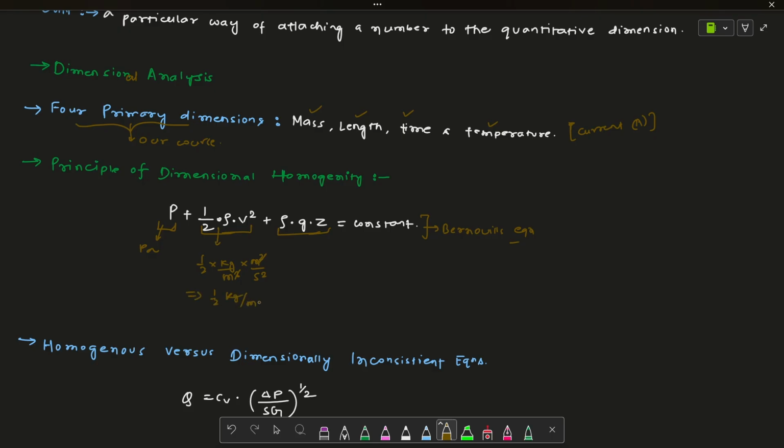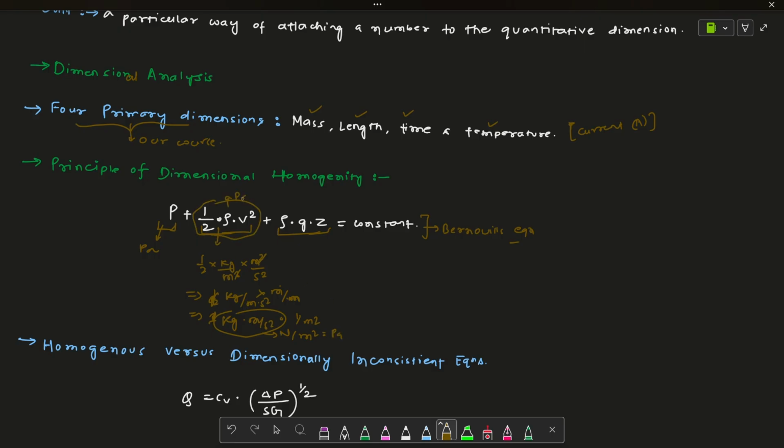Now we know that if we multiply mass above and length above, we get meter per second square divided by 1 by meter square. What is this? This is Newton, and Newton divided by meter square is Pascal. So the overall unit of this term is Pascal as well.